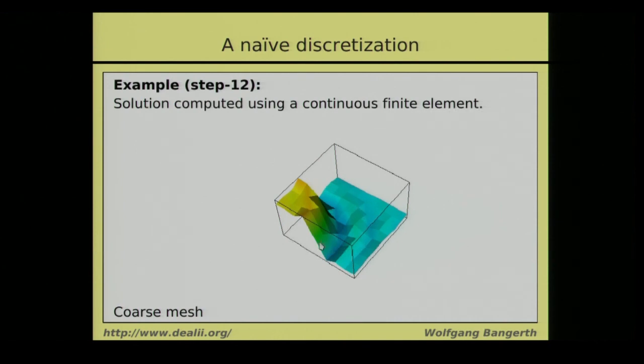And the initial conditions are supposed to be 1 here and then 0 over here, which is of course something that we cannot represent with a continuous finite element, so that's why we have this slope here.